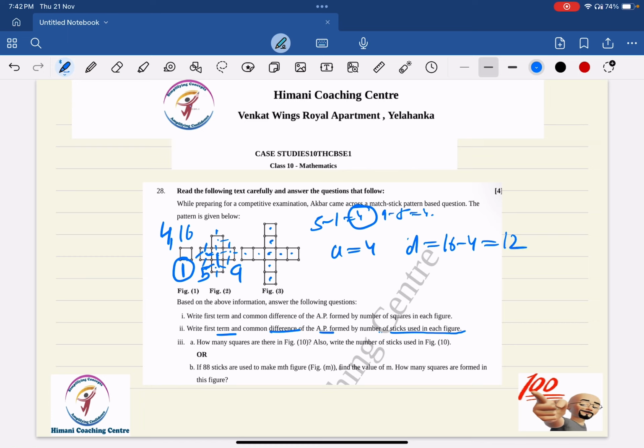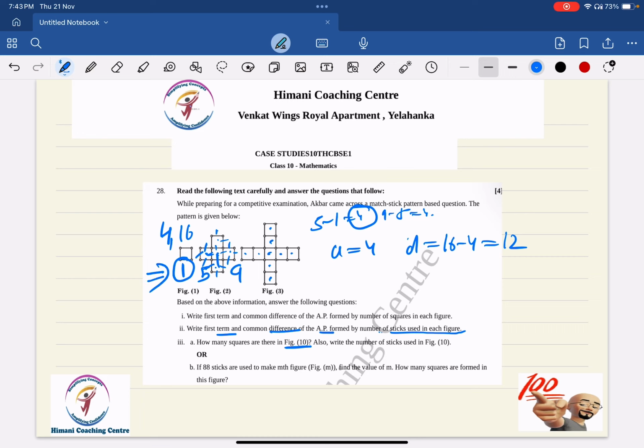Now it says how many squares are there in figure 10. Also write the number of sticks used in figure 10. So that means we are supposed to find A10 for what? For the series with squares.